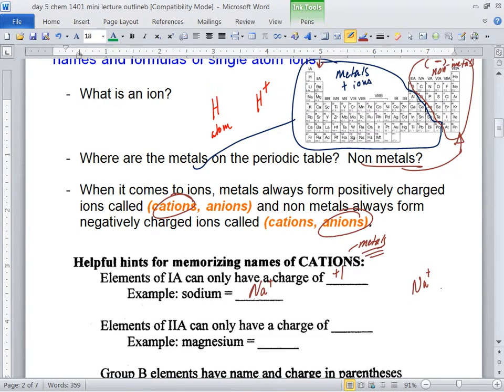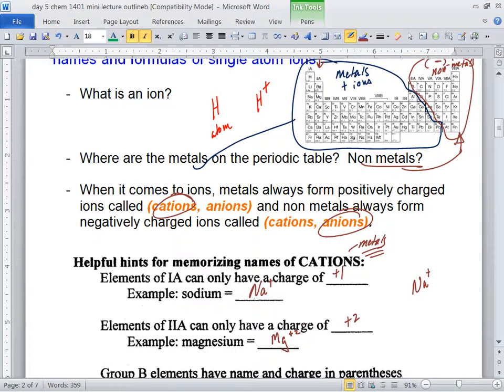2A can only have a charge of +2. So magnesium. Megan, what was the symbol for magnesium? Mg. So magnesium would be +2 because it's in group 2. And how do you name it? Magnesium. So the ion and its atom name are exactly the same thing for groups 1A and 2A.